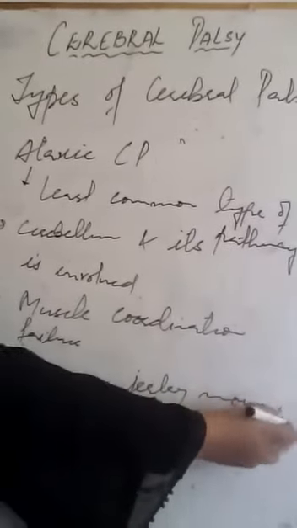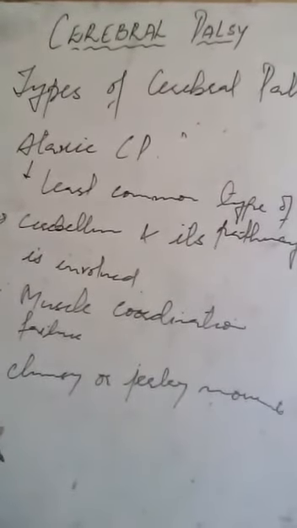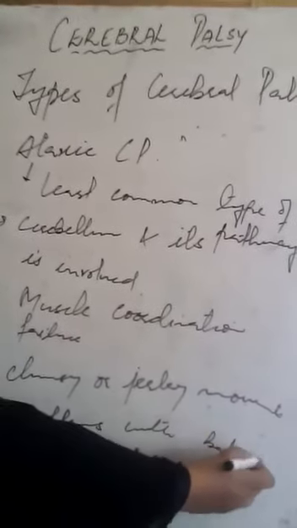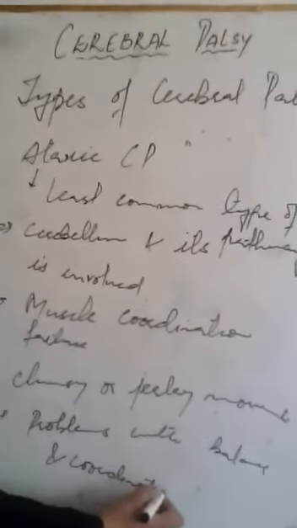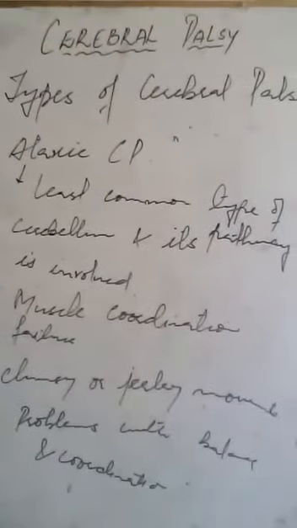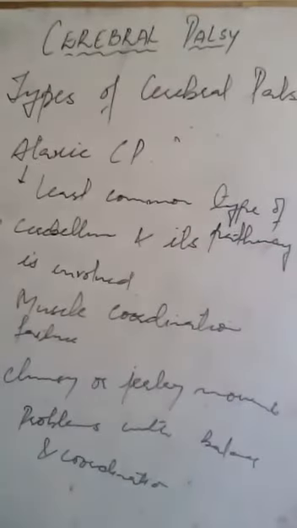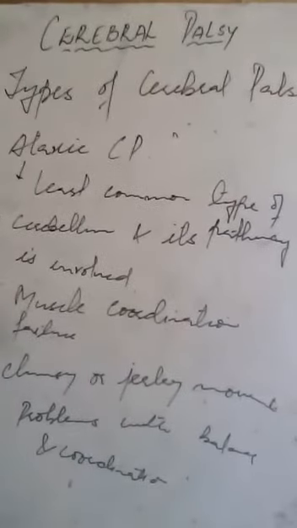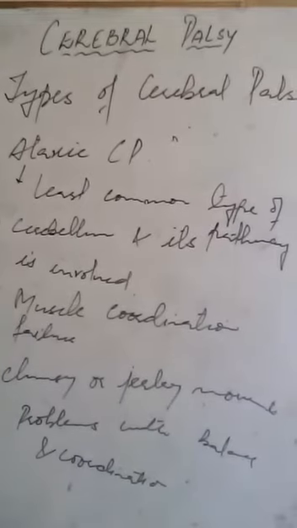Children with this form of cerebral palsy usually have problems with balance and coordination. Also, they may have difficulty in walking and performing fine motor functions such as grasping objects and writing. This is the third type.